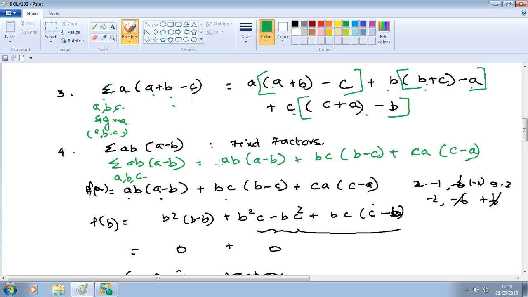So this is the function. Let us take this function as f(a), a function of a. So what is a function of b? It is just like the factor theorem.